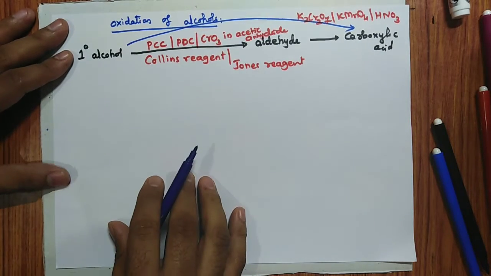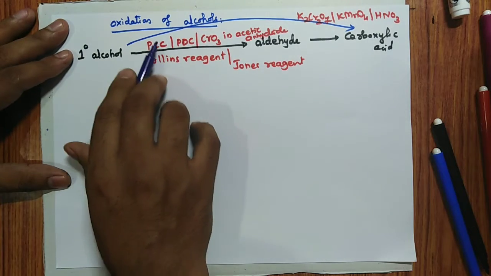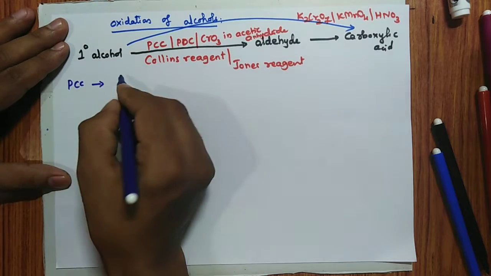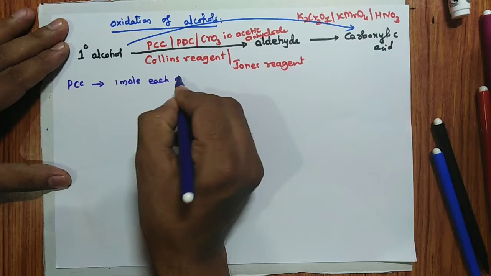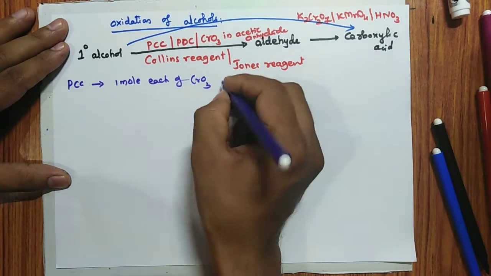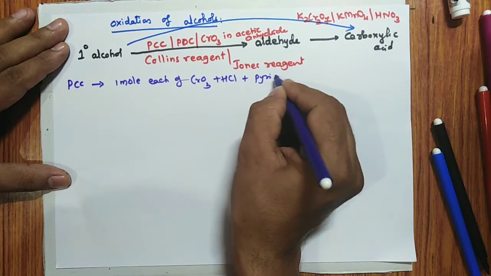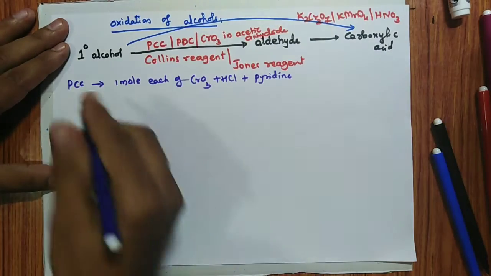What is the difference? I will tell you. Pyridinium dichromate, pyridinium chlorochromate. The difference between Collins reagent and PCC is, PCC is nothing but 1 mole each of, remember, CrO3, HCl, and pyridine. Very important, PCC means 1 mole each of all this.